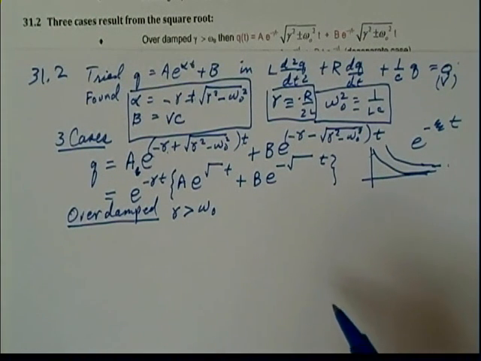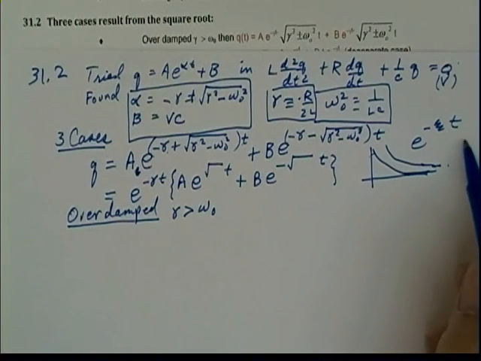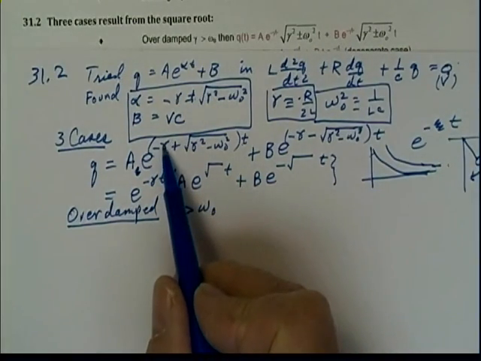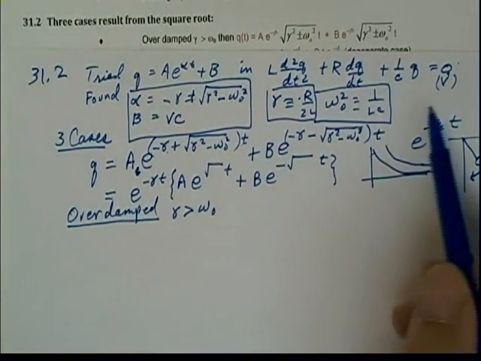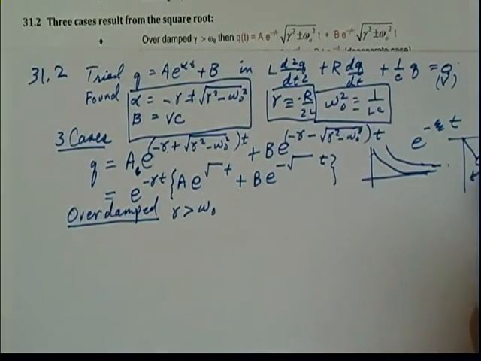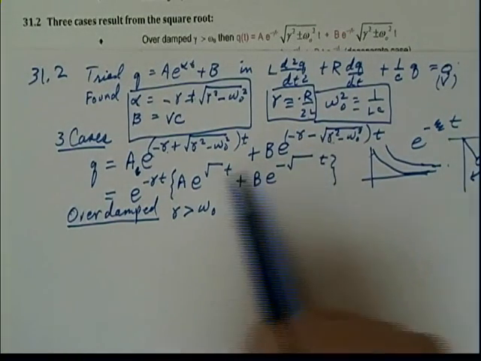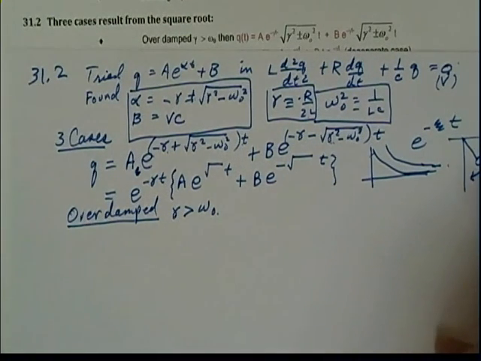This is, for example, if you had a pendulum swinging and it were very rusty, and as the pendulum were trying to swing, it's got so much friction to it. In other words, friction is this term gamma. Why is that? Well, you remember gamma is equal to R over 2L, so gamma is your friction term. This term is very, very large. We're really saying that gamma dominates the oscillation or motion.